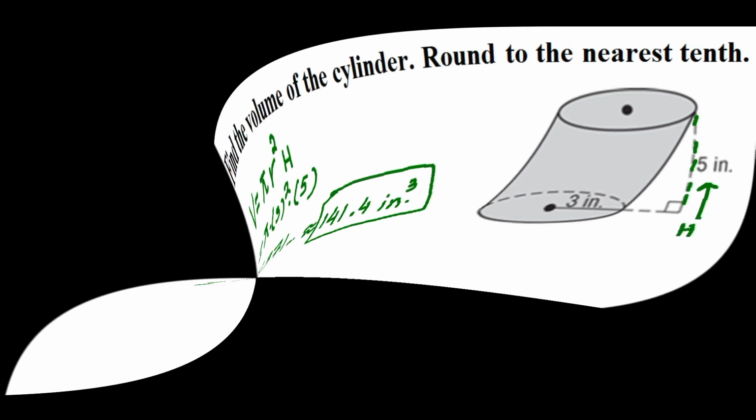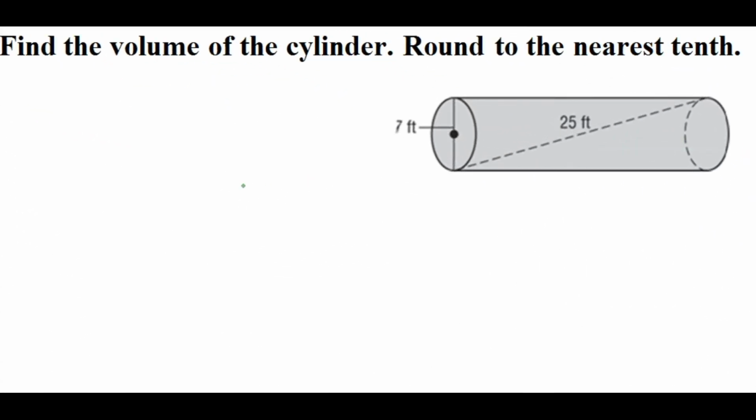Okay, our last example, find the volume of the cylinder. Let's start with the formula. The formula for the volume is pi r squared times h. Okay, we have radius. Actually, we don't have a radius here. Here we have the diameter of the circle.